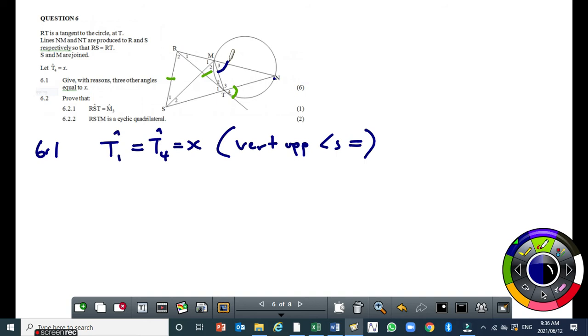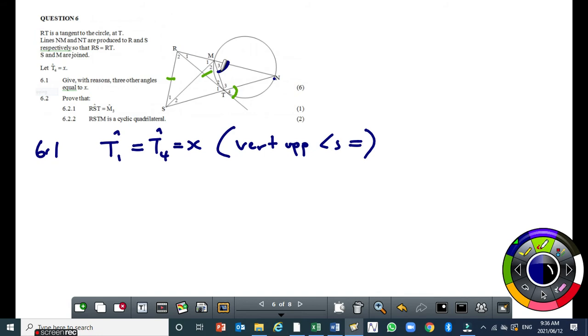You follow that? Remember, the angle between the tangent and the chord is equal to the angle subtended by that chord inside the circle.